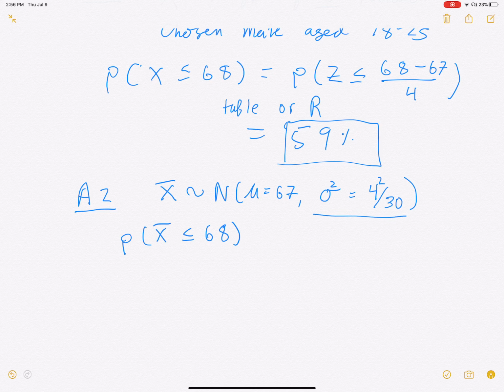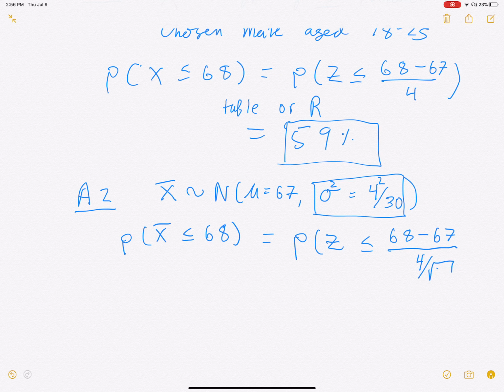Okay, and this is the part that's the most important. So if I want to calculate this probability, I just take the z-score, because that's what we do for normal distributions. We standardize it. We calculate the probability 68 minus the mean of 67, but now I have to divide by the standard deviation, which is 4 over root 30.